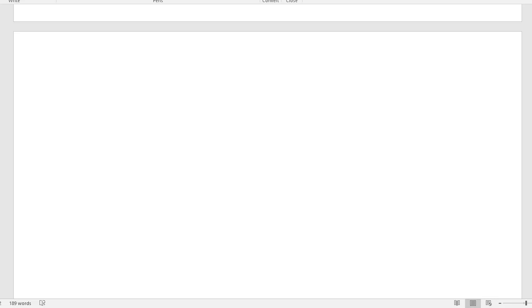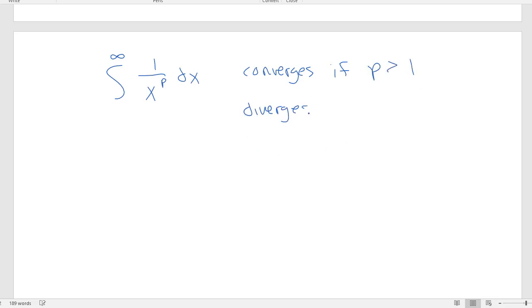Back in a prior chapter where we did improper integrals, this was 7.7 in this textbook, we noted that the integral from 1 to infinity of 1 over x to the p, and again, this doesn't really need to begin at 1, I could begin anywhere, converges if p is greater than 1 and diverges if p is less than or equal to 1.